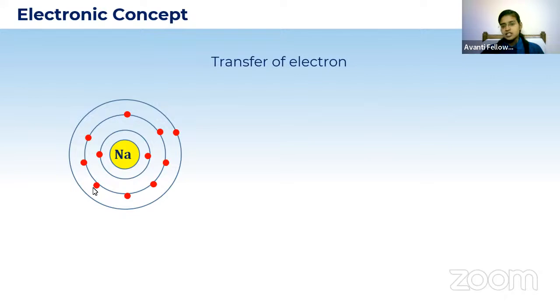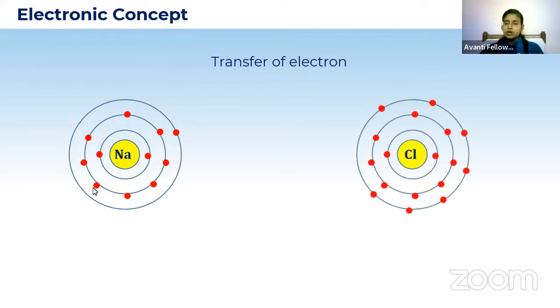It is also given in the slide as dots. Just count the dots and let me know the answer. Very good. The atomic number for sodium is 11. And what about chlorine? What is the atomic number of chlorine? Very good. It is 17.